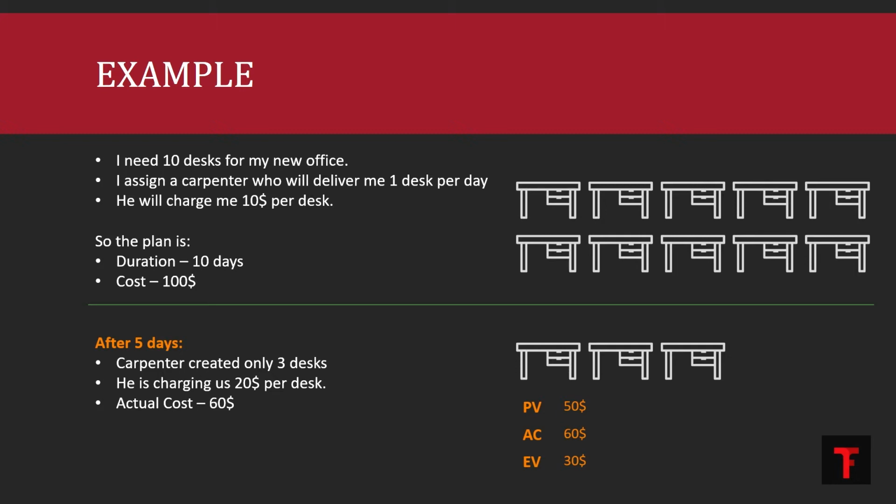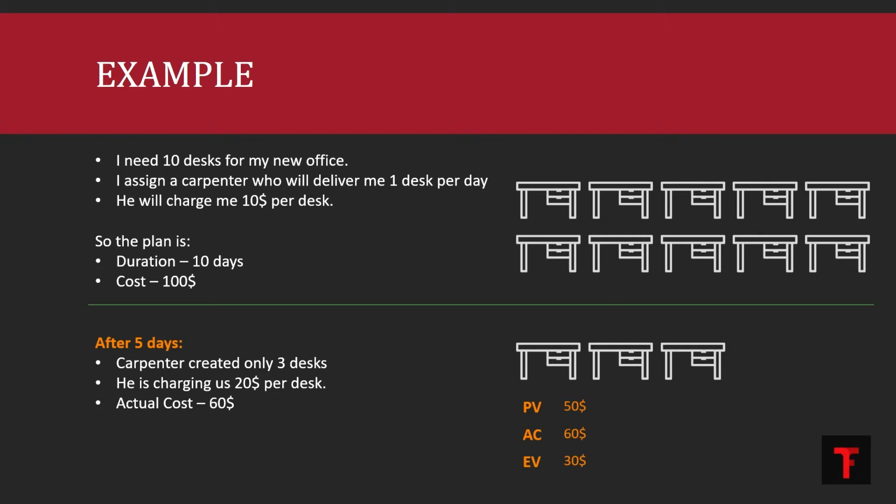For 5 days, as per our plan, we were supposed to finish 5 desks. And for those 5 desks, I budgeted $10 per desk. So 5 desks means I would have spent $50 until now. So that's the planned value cost, the authorized budget for the amount of work that we should have done.